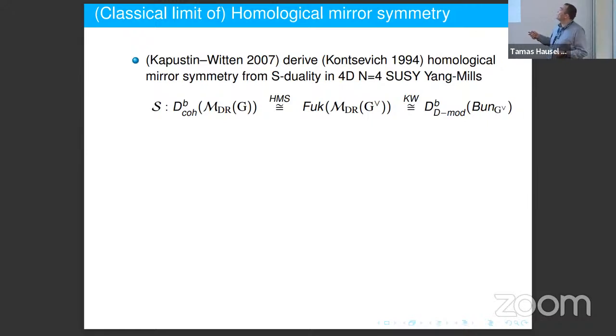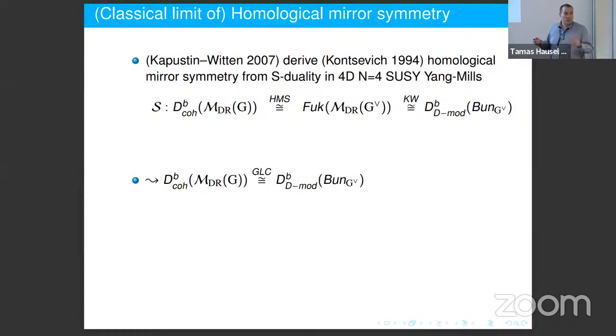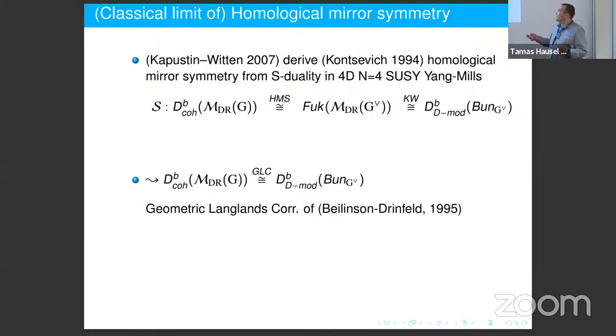And then they could, from this, deduce that the derived category of coherent sheaves on the moduli space of flat connections for one group should be equivalent with the derived category of certain D-modules on the stack of G-dual bundles, which is the rough form of the proposal of Beilinson and Drinfeld starting around '95, which is what we can refer to, at least historically, as a geometric Langlands correspondence. Since then, this has been refined by many people, Arinkin and Gaitsgory in particular, and in GL_n we have a much better understanding by now.